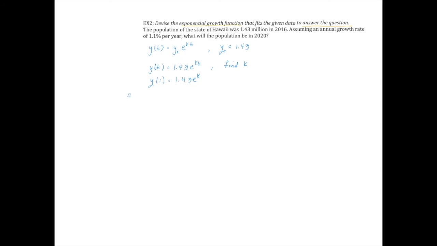And I also have that after 1 year, my initial population of 1.43 will increase by 1.1% or 0.011 of the initial population. So that means that these two values are the same.